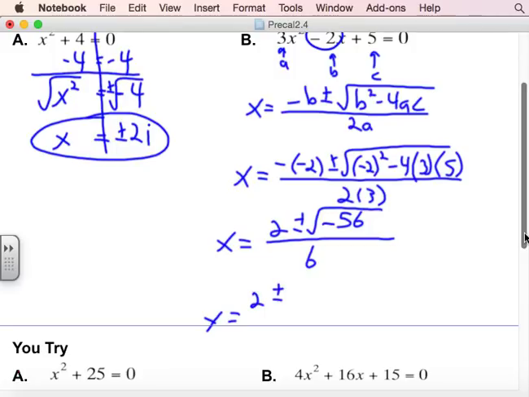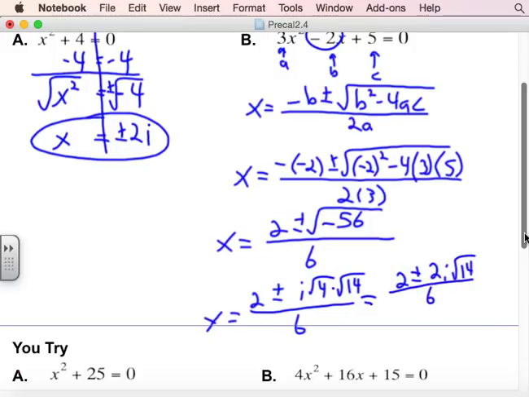So we need to figure out what can we take out of the square root besides i. Well, the square root of 56 is, let's see, 4 times 14. So we can take out the square root of 4, and square root of 14 over 6. So really that's going to be 2 plus or minus 2i square root of 14 over 6.